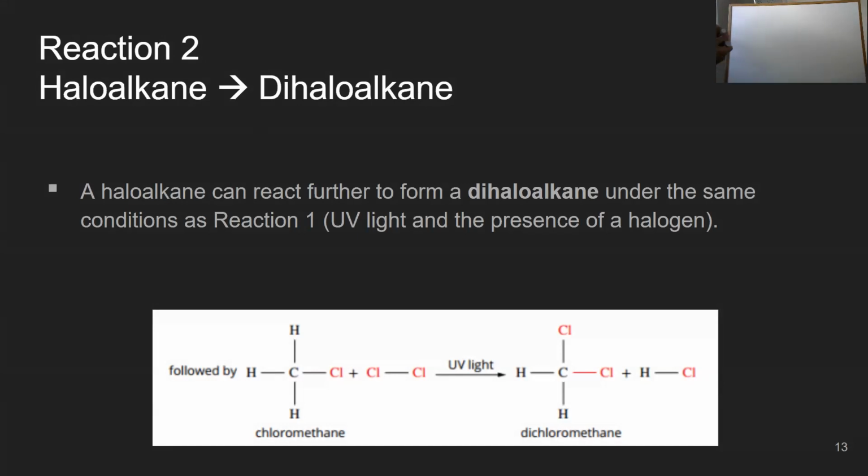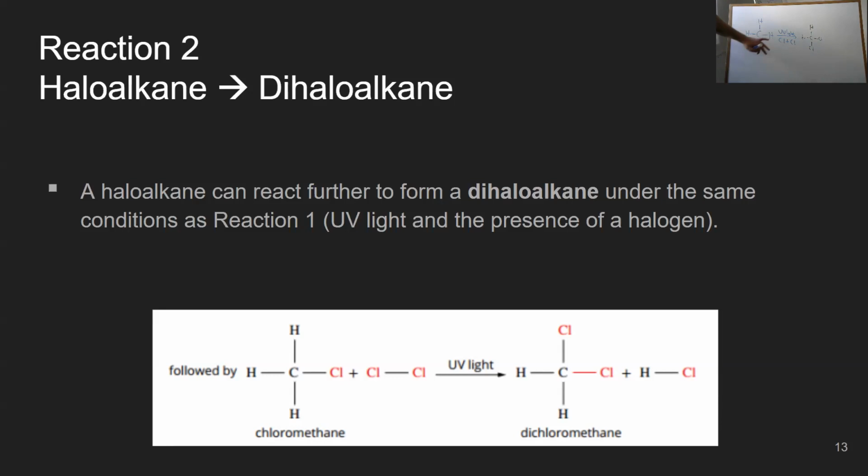So now we can go from methane to chloromethane, and then we add more chlorine in the presence of UV light, and we end up with what's called, as you can see there, a dihaloalkane.